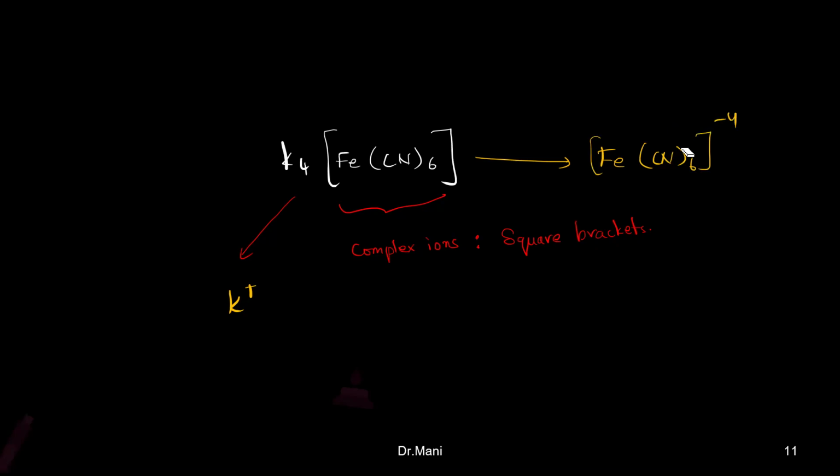If you see here, this Fe(CN)6 will not further break into simple ions. From this, you can say the Fe(CN)6 is retaining its structure. When it is retaining its structure, we call it a complex salt.